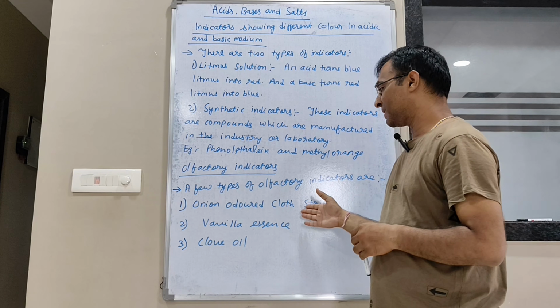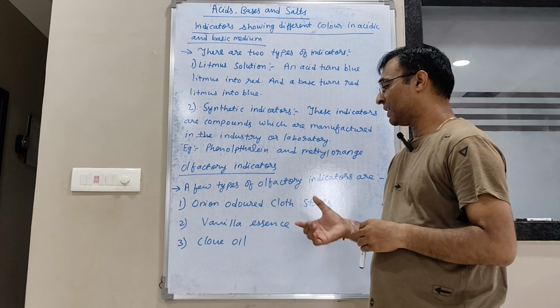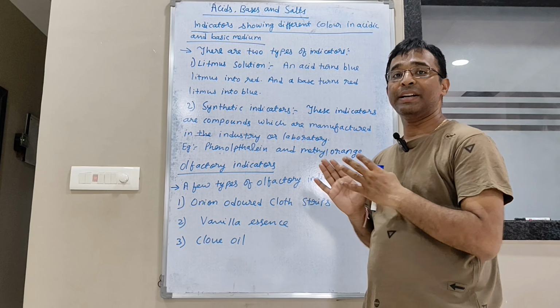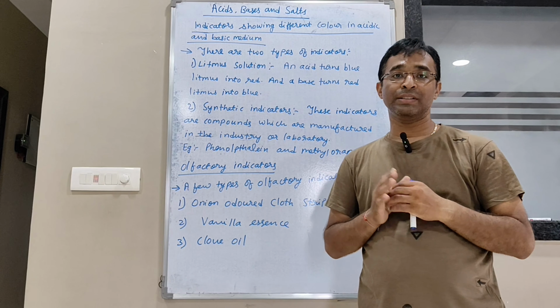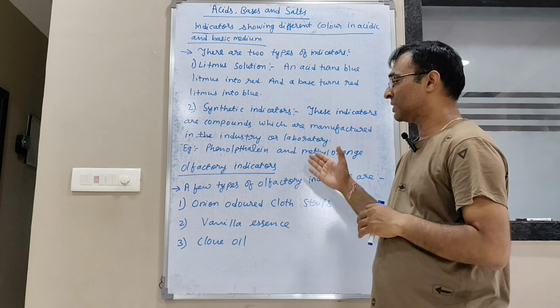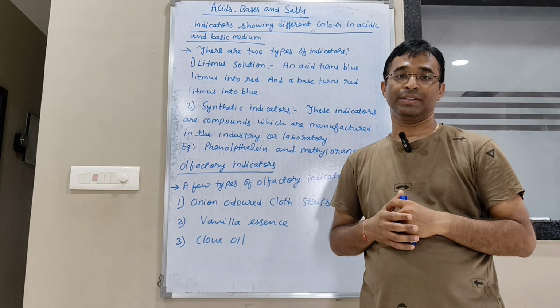In olfactory indicators we have three types: onion, clove oil and vanilla essence. I have tried to limit the content to this only because in your syllabus this much information is required. We don't need to go into much detail of how these indicators work.